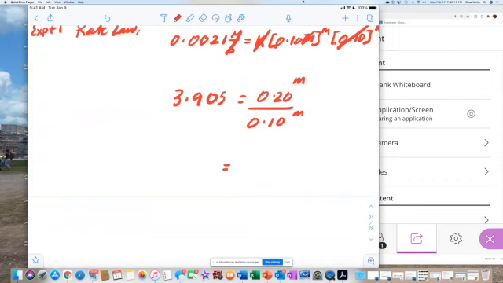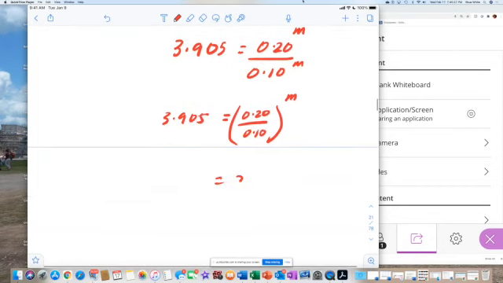So we consolidate these two. They become 0.20 divided by 0.10, and then the exponent applies to the base number. 3.905 equals 2 to the power m, and this number is close to 4. You can round up to 4.